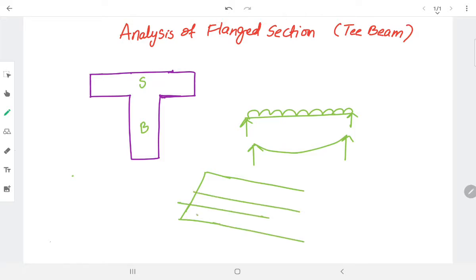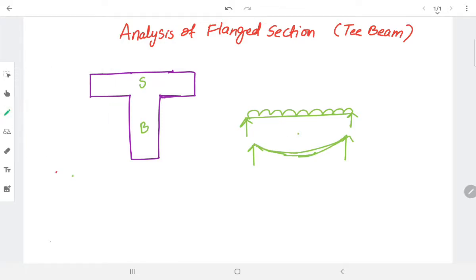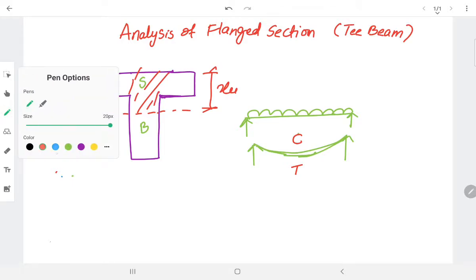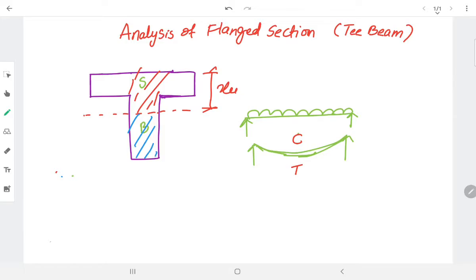Due to this bending, you get compressive stresses at the top and tensile stresses at the bottom. Above the neutral axis, taken as xu, the fibers are under compressive stresses, and the remaining bottom fibers are under tensile stresses.